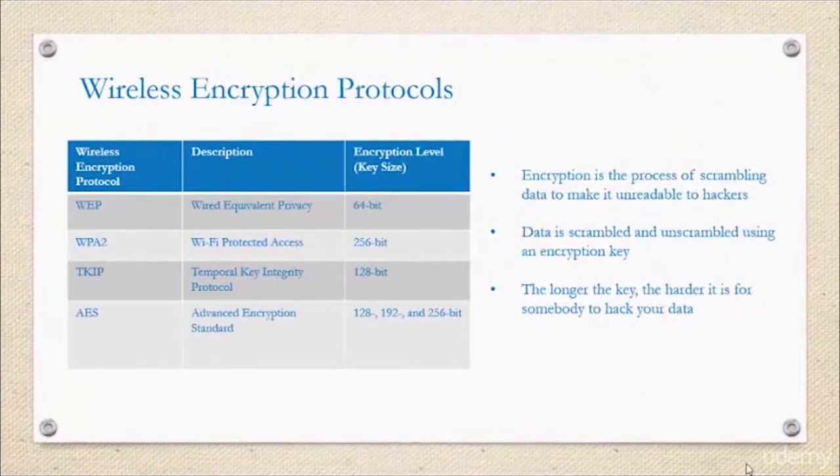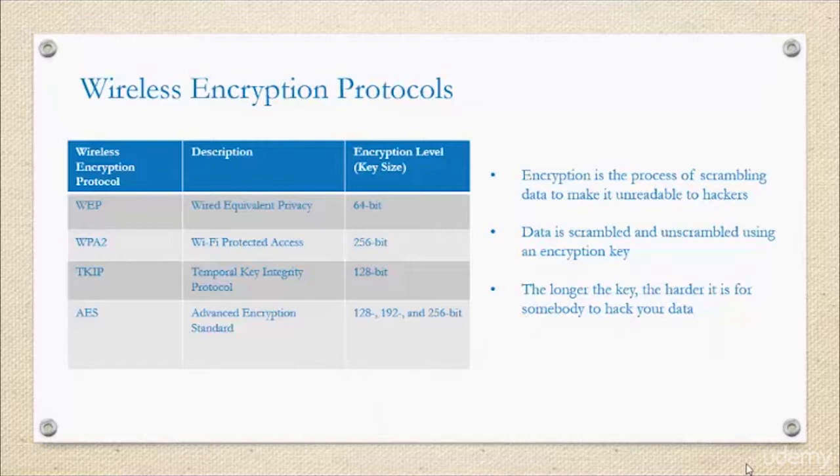The table at the right is going to detail a couple of different wireless encryption protocols for you. Now, you may be familiar with a few of these, and you may be using some of these at home. What happens with encryption is that we scramble data to make it unreadable to hackers. And we do this using keys. The size of your encryption key is going to dictate how strong your encryption is, right?